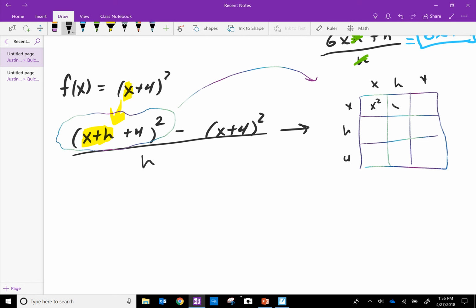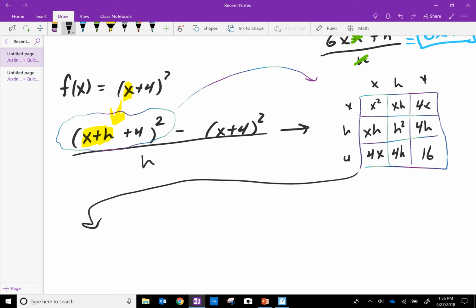So we've got x squared, xh, 4x, xh, h squared, 4h, 4x, 4h, 16. Okay, so when we simplify and combine like terms, that becomes x squared plus 2xh plus h squared plus 8x plus 8h plus 16.